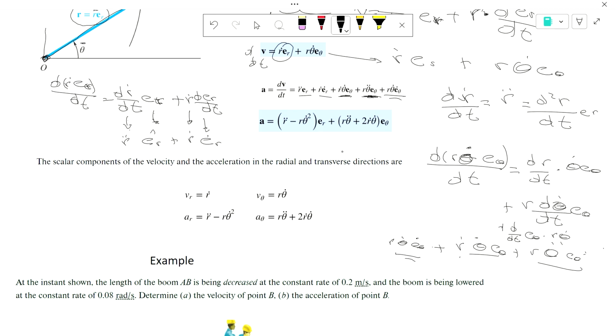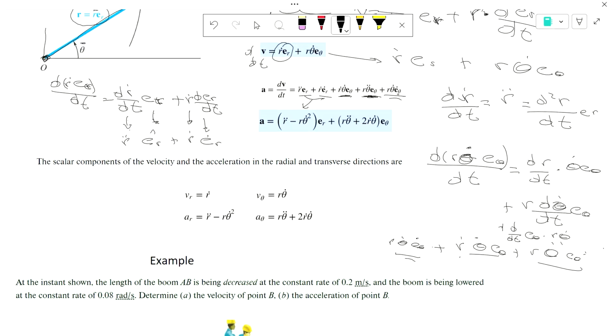Oof, all right, so as you can see, it's not as easy. Even comparing can be confusing, but you just combine terms and everything that goes with er you put together. So these two go here, and r dot theta dot dot plus r dot theta dot, and theta dot dot.